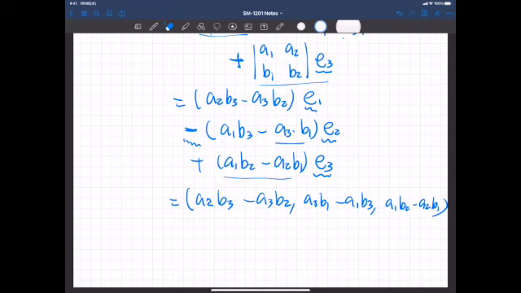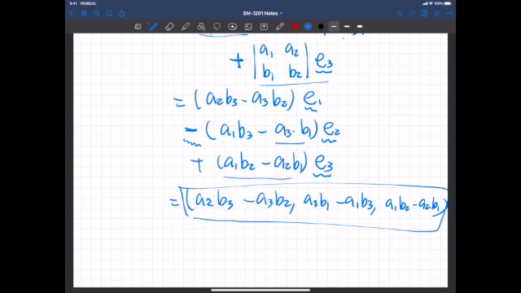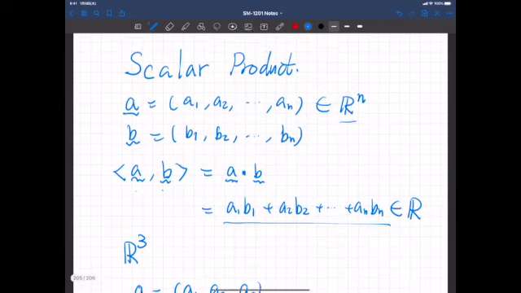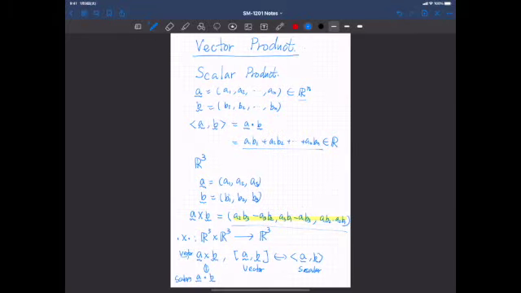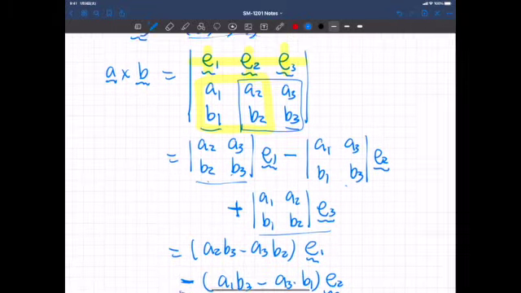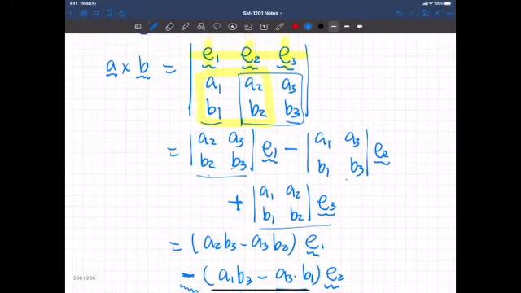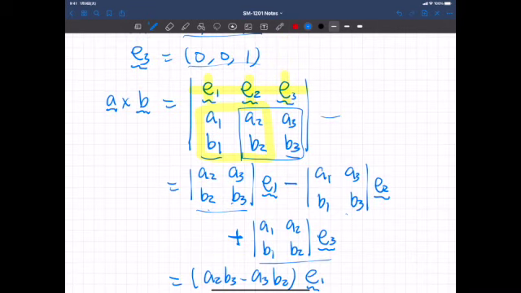So this is the cross product, right? Compare this with the original definition. This definition is the same. So the cross product or vector product can be defined, at least formally, in terms of a determinant.